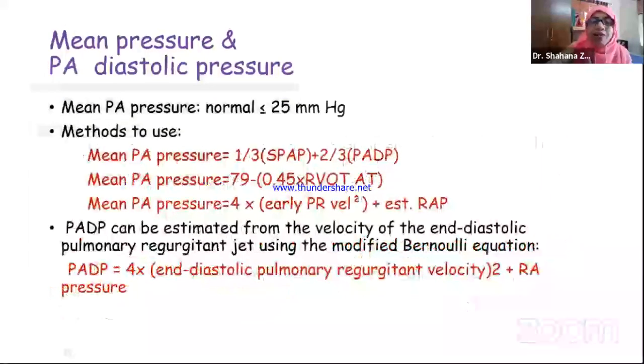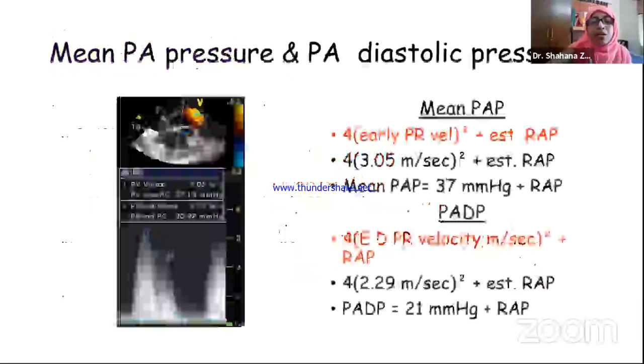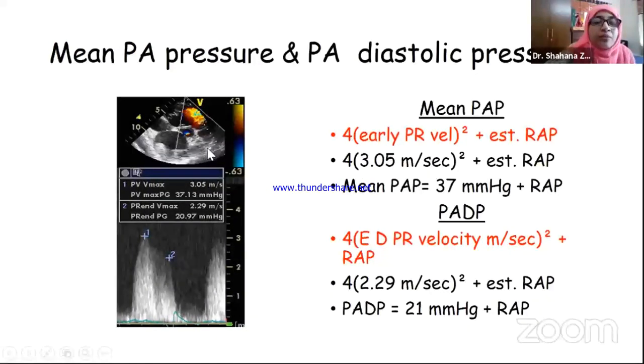For the measurement of mean pulmonary artery pressure, there are lots of formulas. Now I will demonstrate the easiest formula. We take the parasternal short axis view at the level of the great vessels. We take the spectral Doppler and the early PR jet velocity.